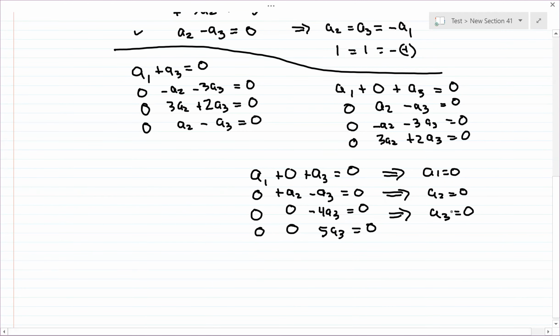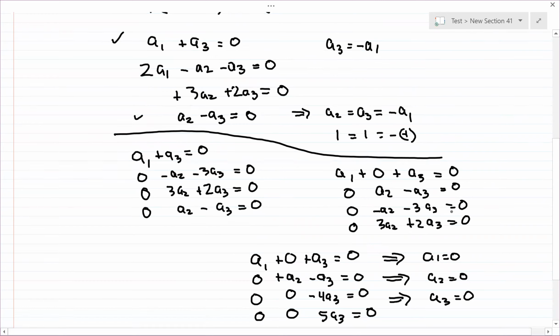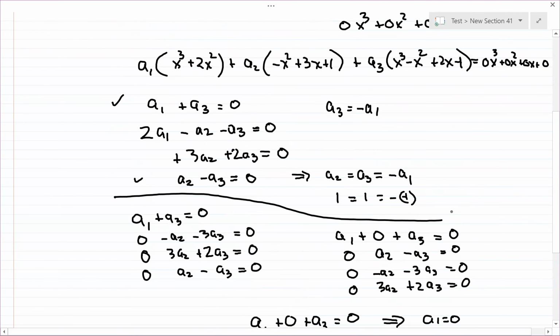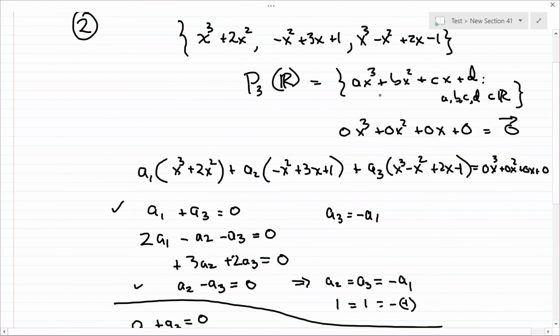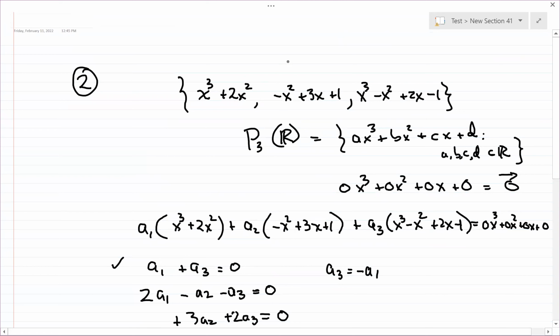So what does that mean? These are linearly independent. So these three equations form a linearly independent set. Meaning what? You can't get one from any of the others by taking linear combinations.